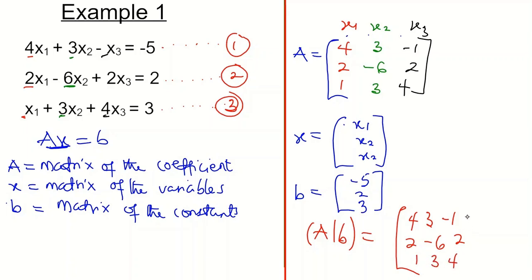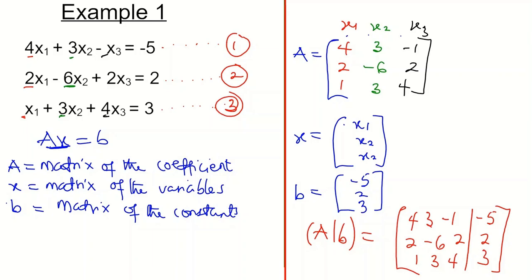And then we bring our vertical line indicating that two matrices have been joined. And then the matrix B is giving us -5, 2, and then 3. So this is how we can augment matrices for systems of linear equations.